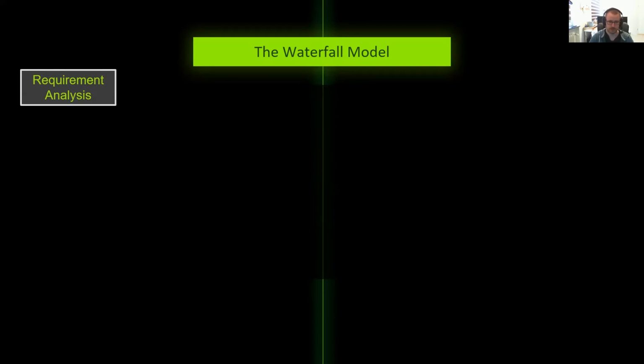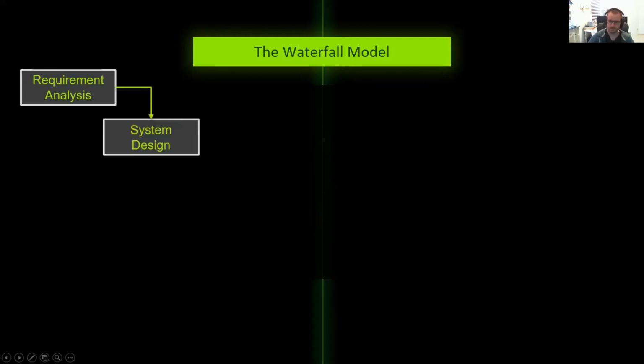At the beginning, we have our requirement analysis, which is used to just write down the requirements of our software and the systems to be developed. Then we have our system design step.